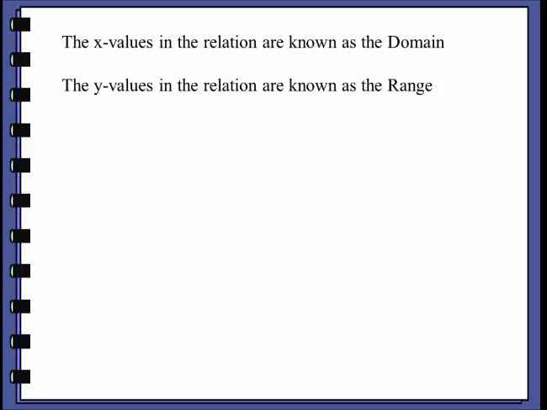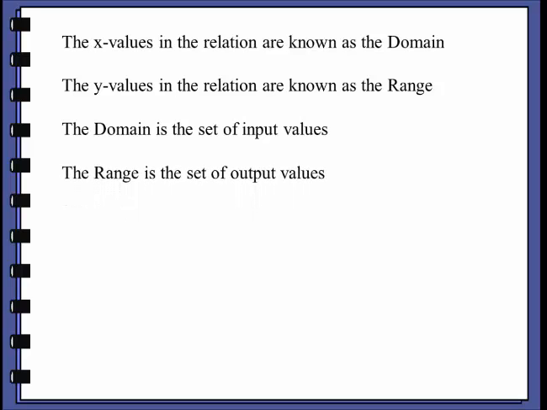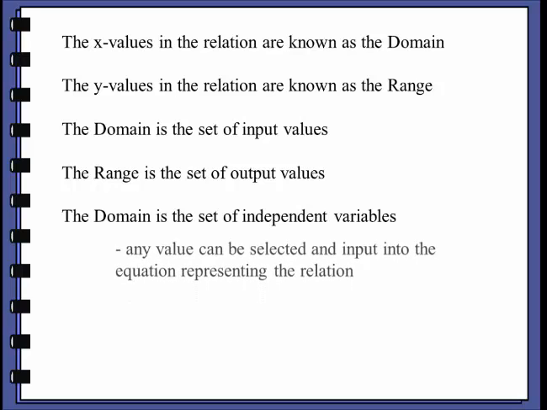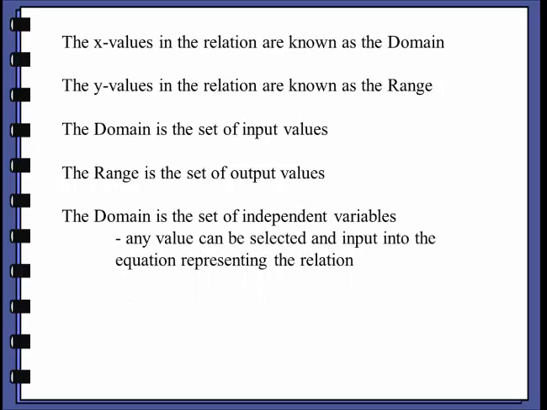So the values start in the domain and end up in the range after whatever the relation rule has happened. The domain is the set of input values, and the range is the set of output values. The domain is also the set of independent variables, and we talked about independent variables in our last lesson. Any value can be selected and input into the equation representing the relation.